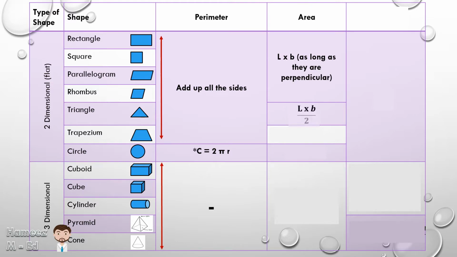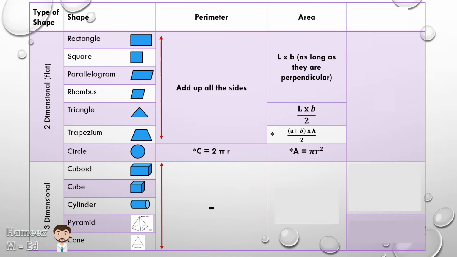While for the triangle, it is half of a rectangle. And for the trapezium, it is half (a plus b) times h. Notice that's also given in the formula sheet as well, where a and b are the parallel sides of the trapezium. And for circle, the area of a circle is pi r squared.